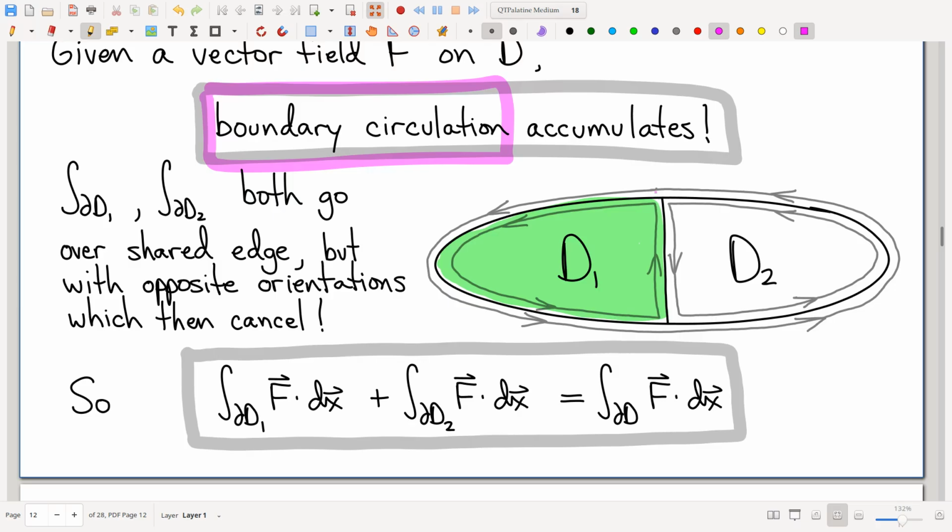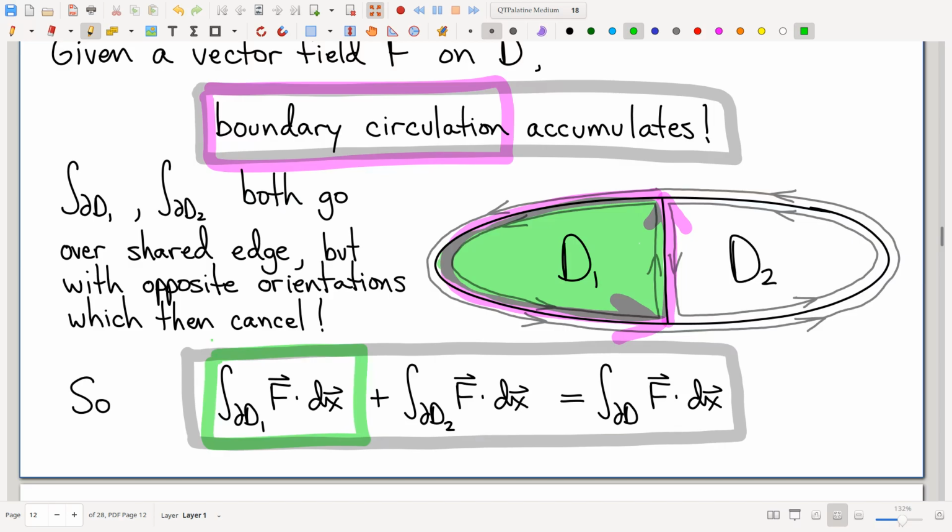I'm going to go around the boundary following the rules of orientation, and compute that circulation, namely the vector line integral defined on that oriented curve. That's what we mean by boundary circulation. Is that cool? So this here is the boundary circulation for D1.